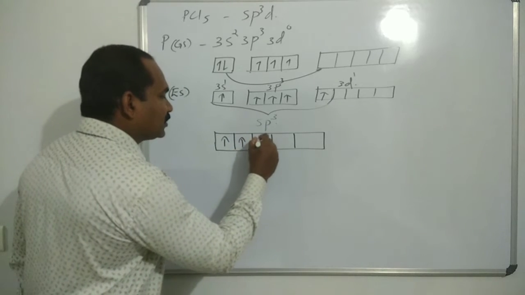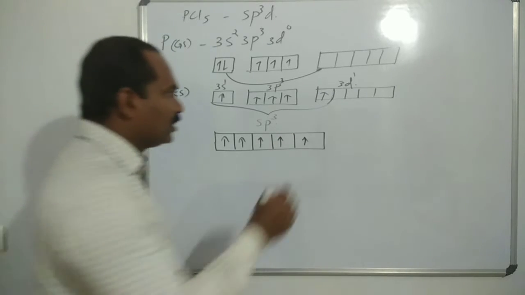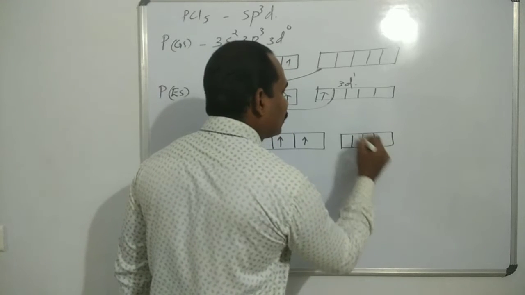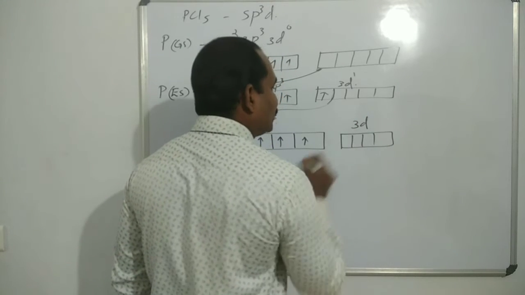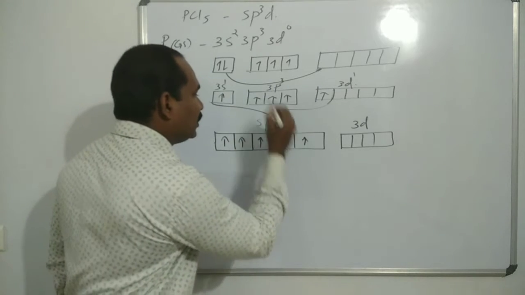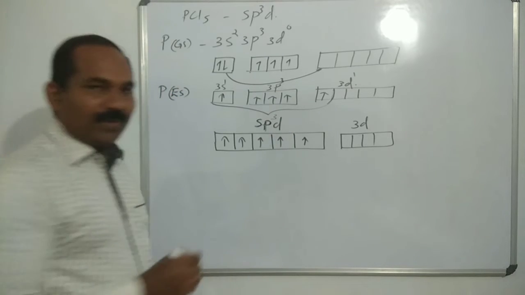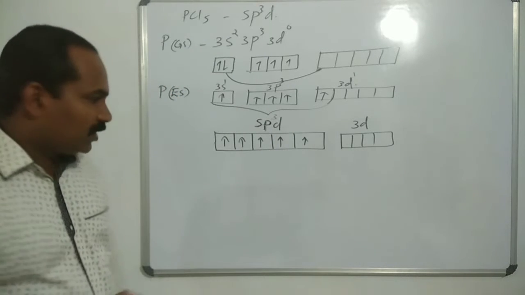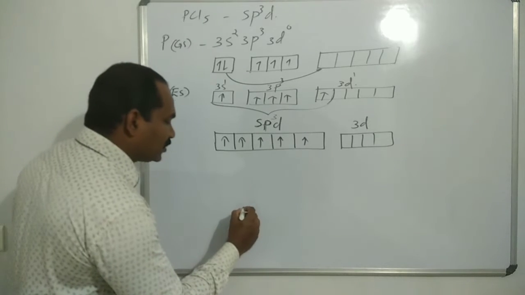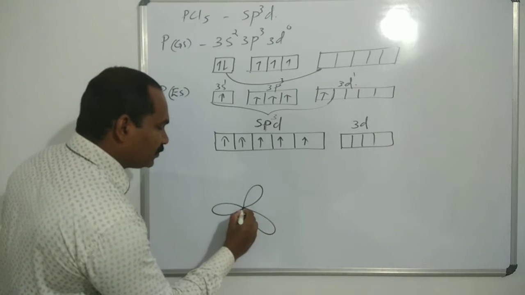These five orbitals are sp3d orbitals. Then what is the shape of the molecule? We know that the shape of the molecule is trigonal bipyramidal.